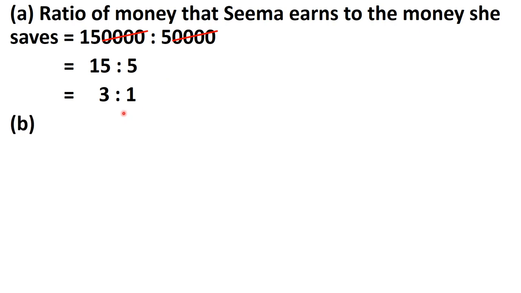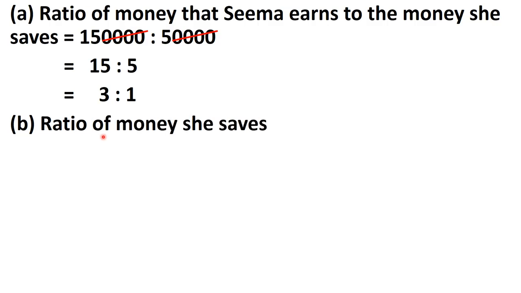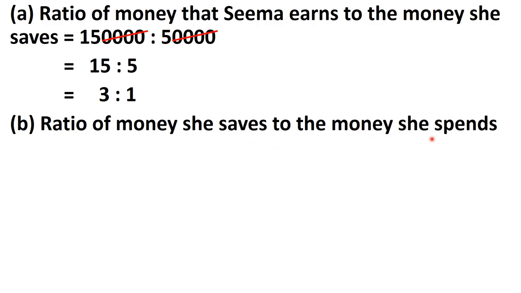See the second ratio that we need to find out. Ratio of money she saves to the money she spends. She saves 50,000 and spent 1 lakh. We had found this earlier. That's why we found out everything in advance.